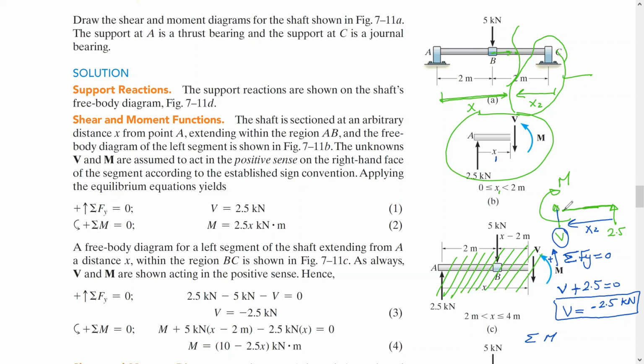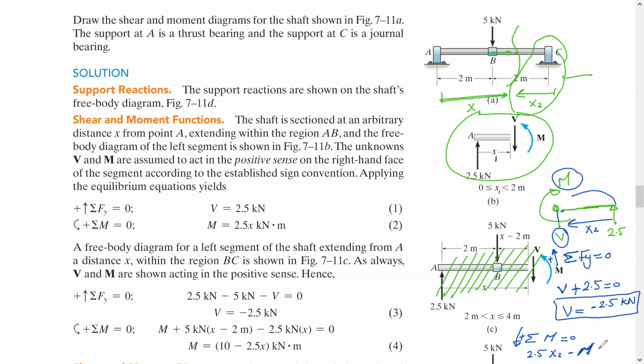If we take the moment at this point equal to 0, assuming positive counterclockwise, what do we have? We have 2.5, which is this one, times x2, minus M, which is this moment, guys.